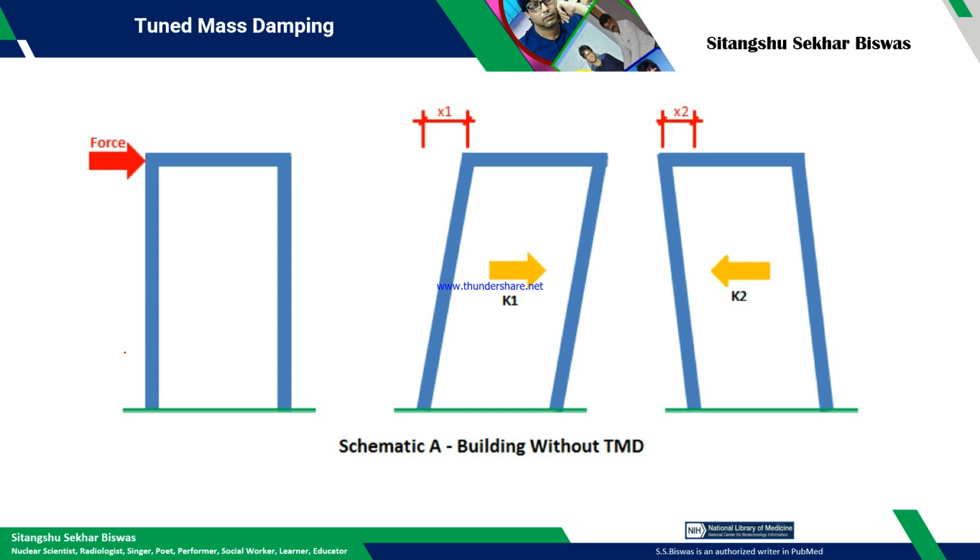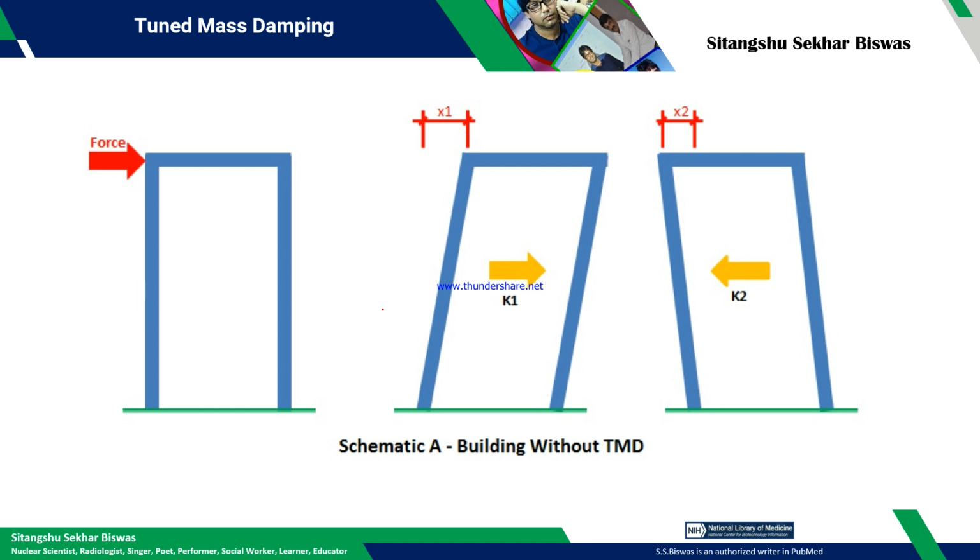It means that if the frequency matches the natural frequency of the building, then it may collapse. And another thing is, when vibration occurs, how quickly it will be damped and come to rest within the tolerable limit.